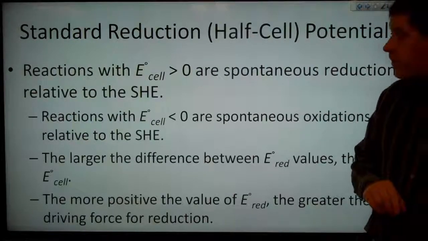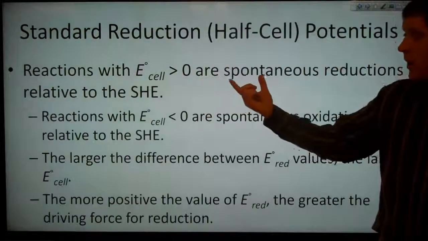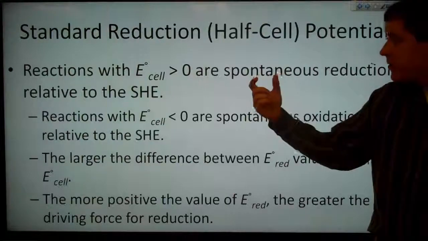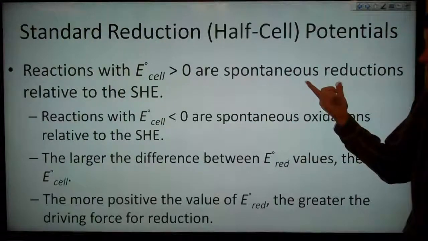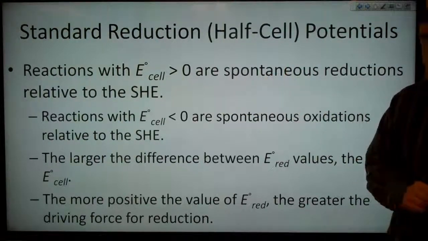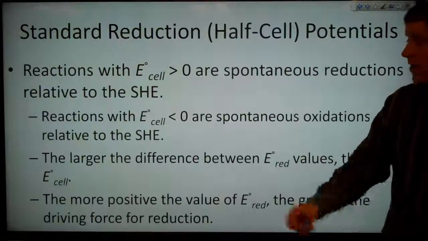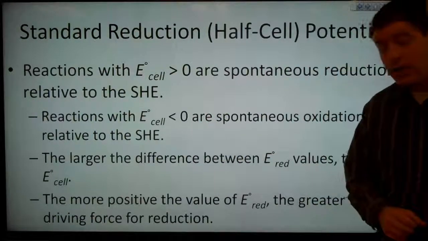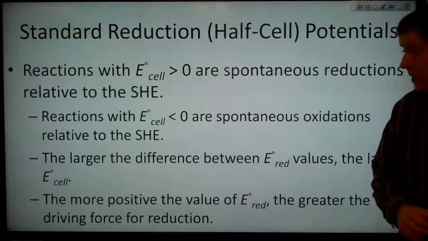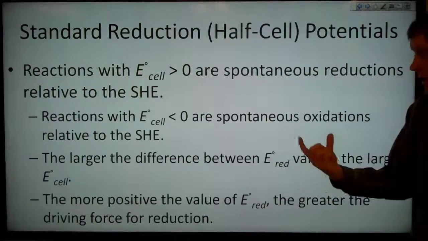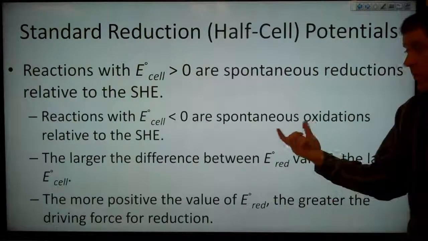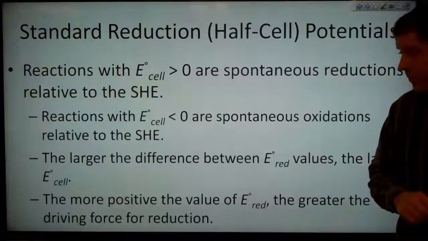It won't change. So reactions with a cell potential, a standard potential, that are greater than 0 are spontaneous reductions relative to the standard hydrogen electrode, and reactions with a standard reduction potential that are less than 0, they're negative, are spontaneous oxidations relative to the standard hydrogen electrode.